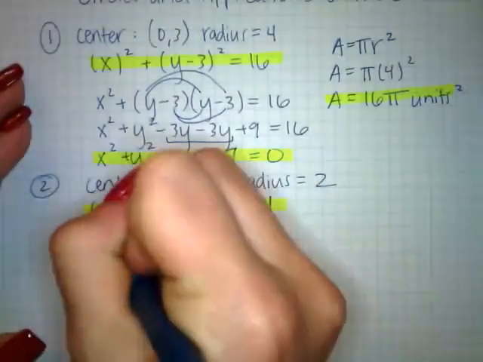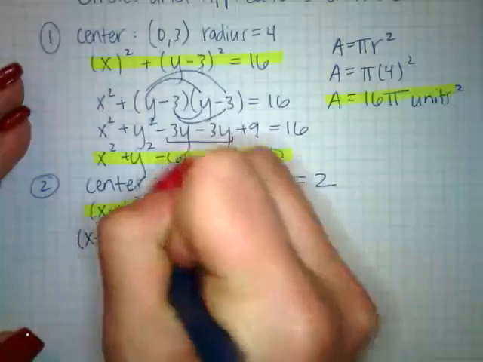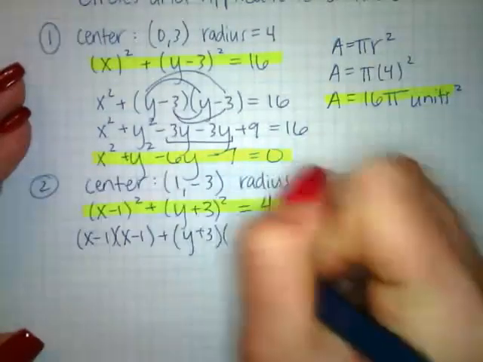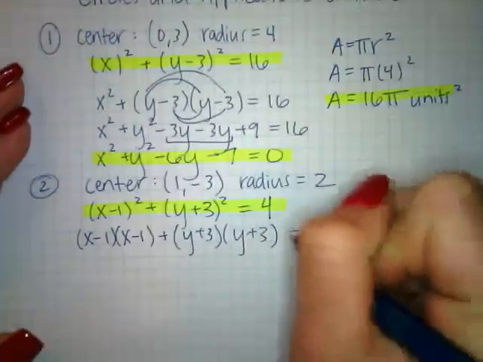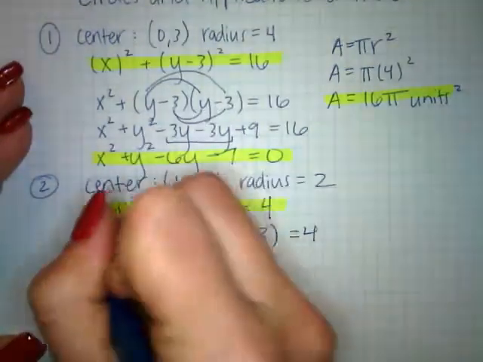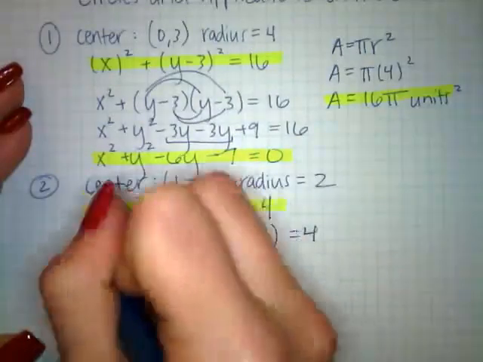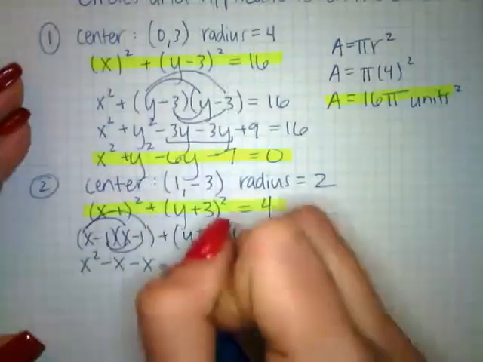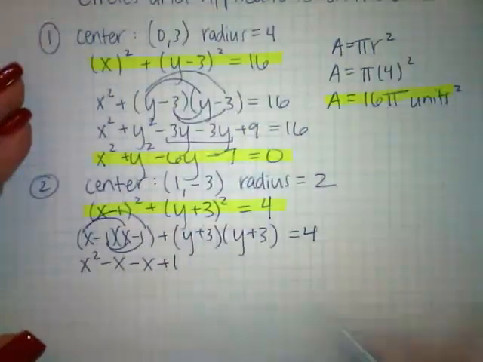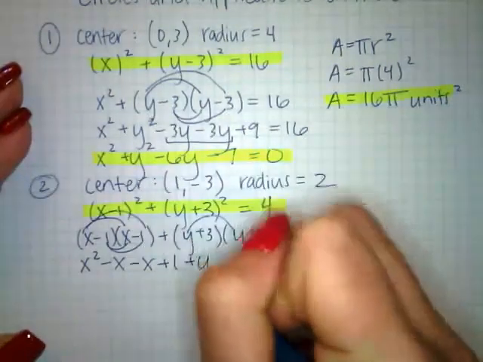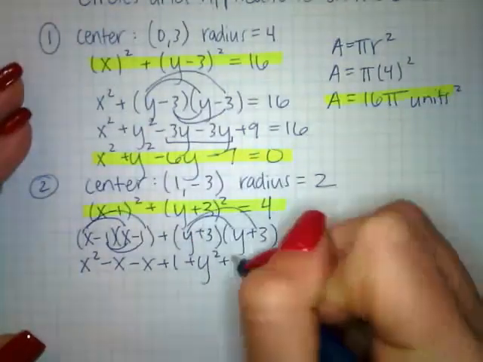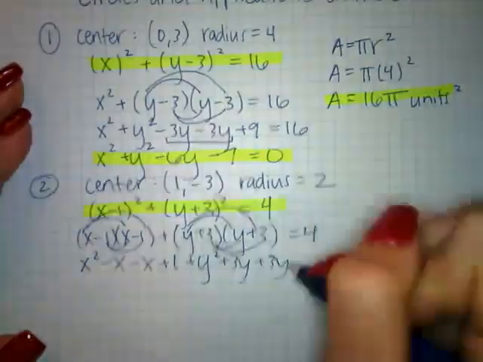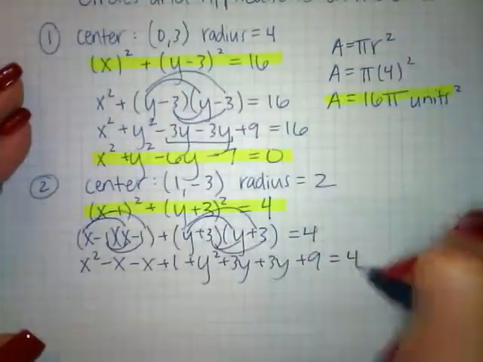To do that, we're just going to FOIL both of these terms and then simplify. Foiling my first piece, that's going to be x squared minus x plus 1. It's going to be y squared plus 3y plus 9.